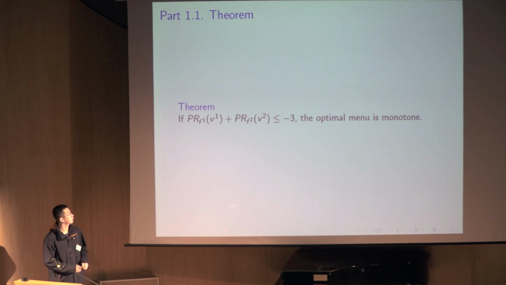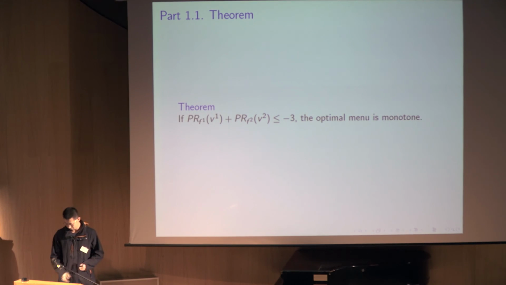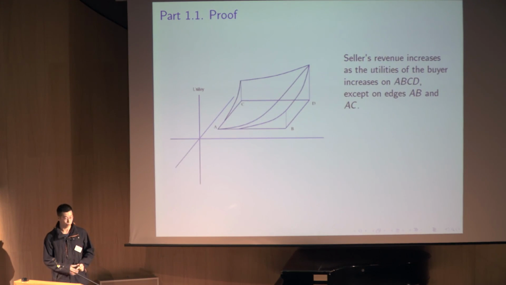Well, our theorem says if this condition holds, then the optimal menu is monotone. Here is the proof. Look at this figure. A, B, C, D is the buyer's valuation domain. AB stands for V1, and AC stands for V2.